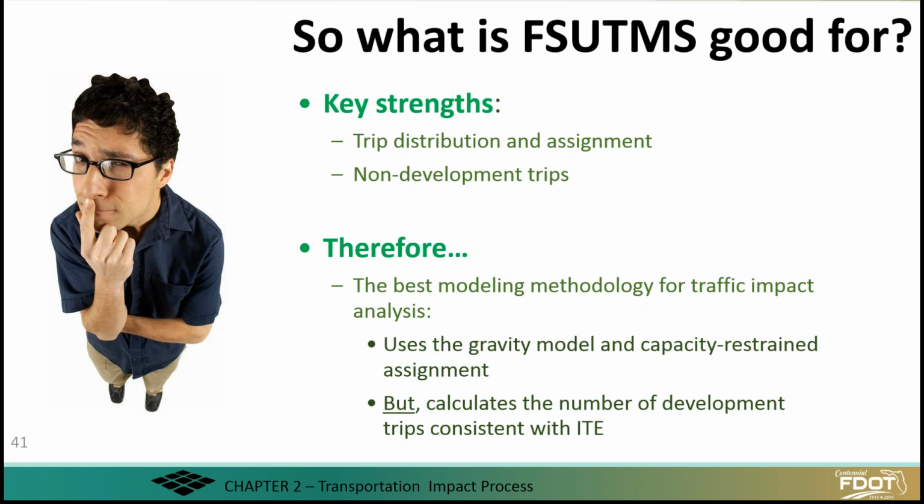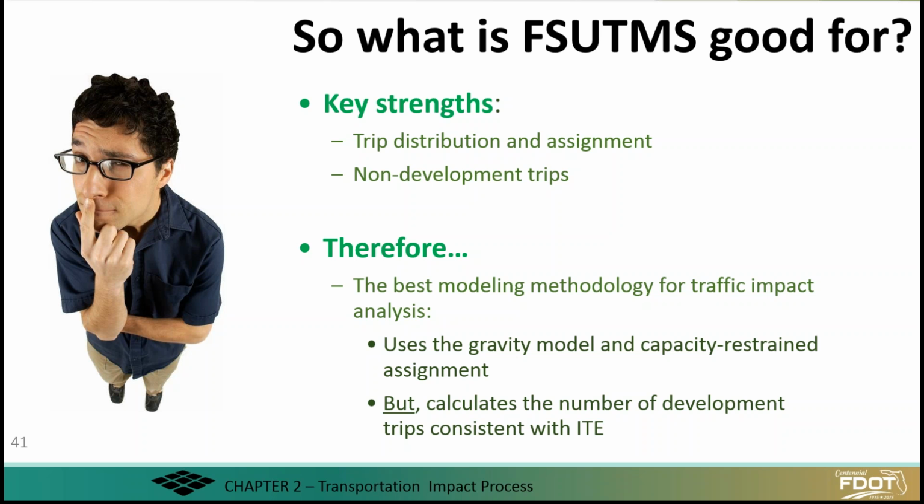It's also very useful for developing the non-development trips, or the general traffic occurring in the region that are not specific to your project. So instead of having to go throughout the entire region and manually calculate the trips for every single parcel or development out there, you can use the FSUTMS model to help develop what's going on in the rest of the region so that you can focus your attention on what's happening at the project site.